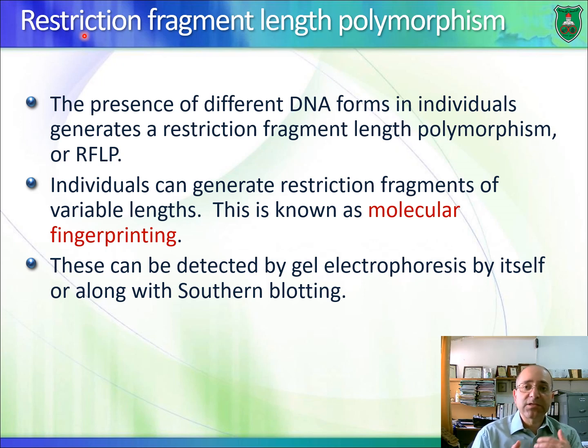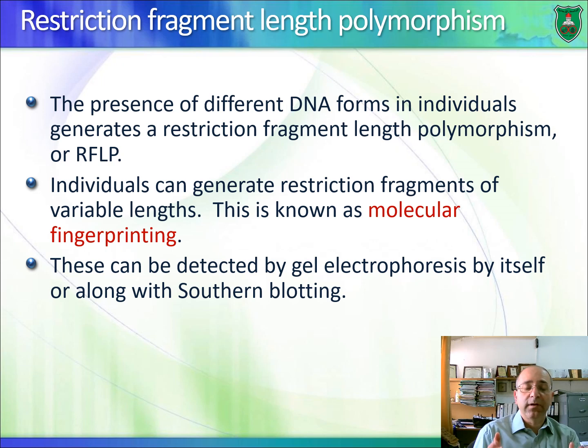Okay, and this is what is known as molecular fingerprinting. That is, each one of us has his own or her own fingerprint, and it is specific for that person. Now, the same exists for any person's DNA.